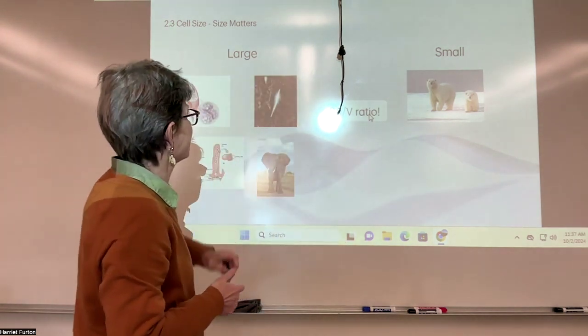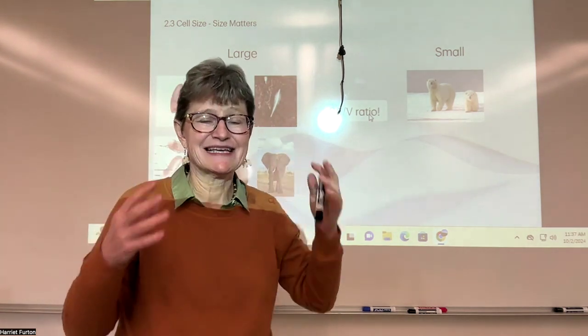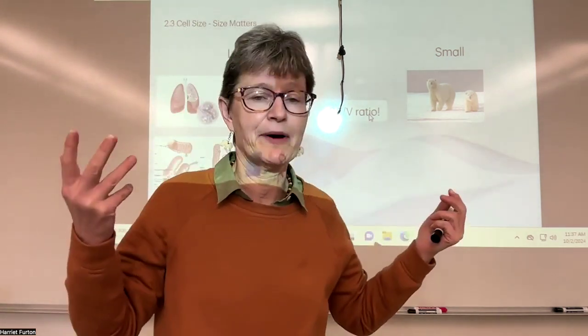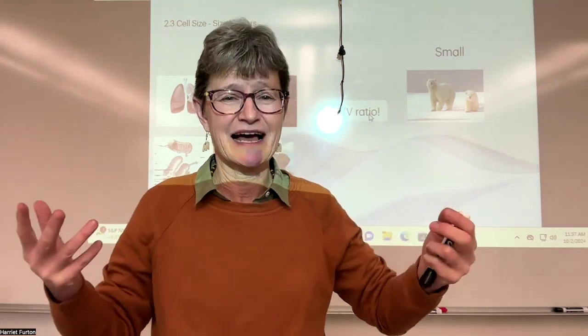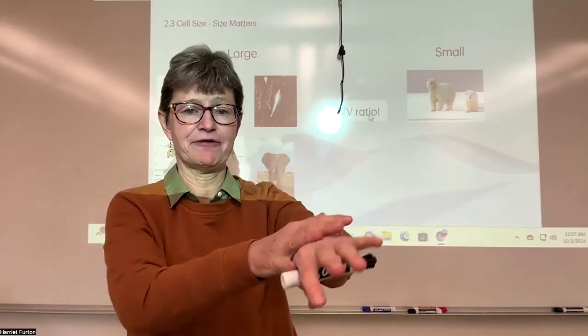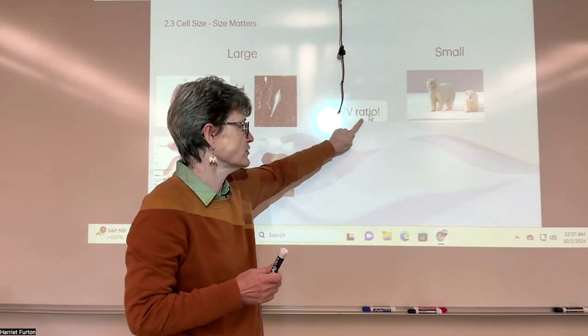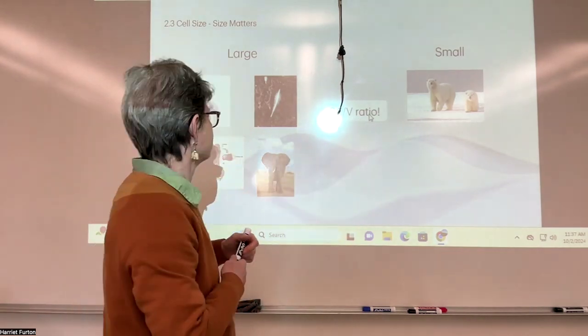Now, cell size matters. Why are cells so small in our body? Why can't I have 3 cells in my arm? 1, 2, and 3. Because the surface area over volume ratio matters.